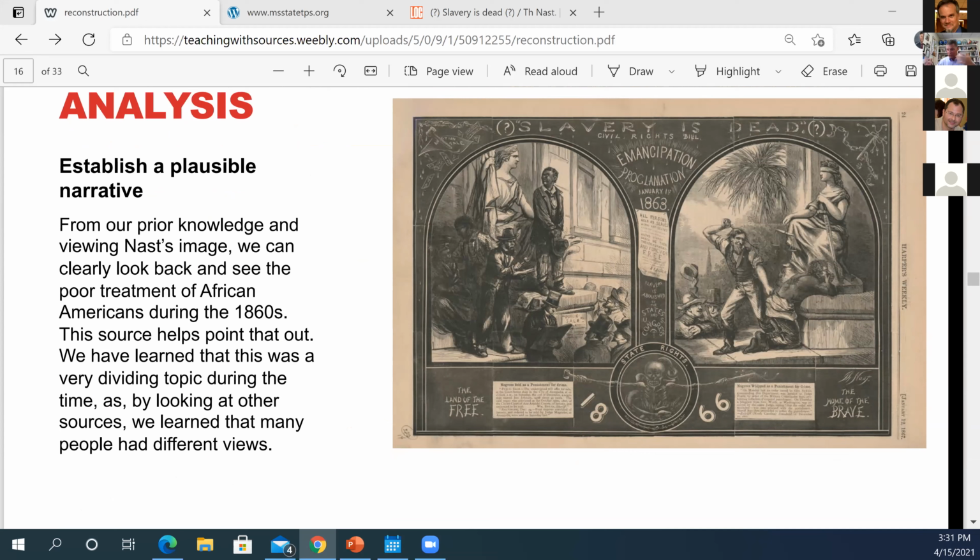There were people who saw Reconstruction as relatively successful. Again, we have the hindsight of looking back and seeing that it was a failure in many ways, and that this cartoon that NASA created probably does a good job of showing the resistance in the South and other parts of America to full Reconstruction.